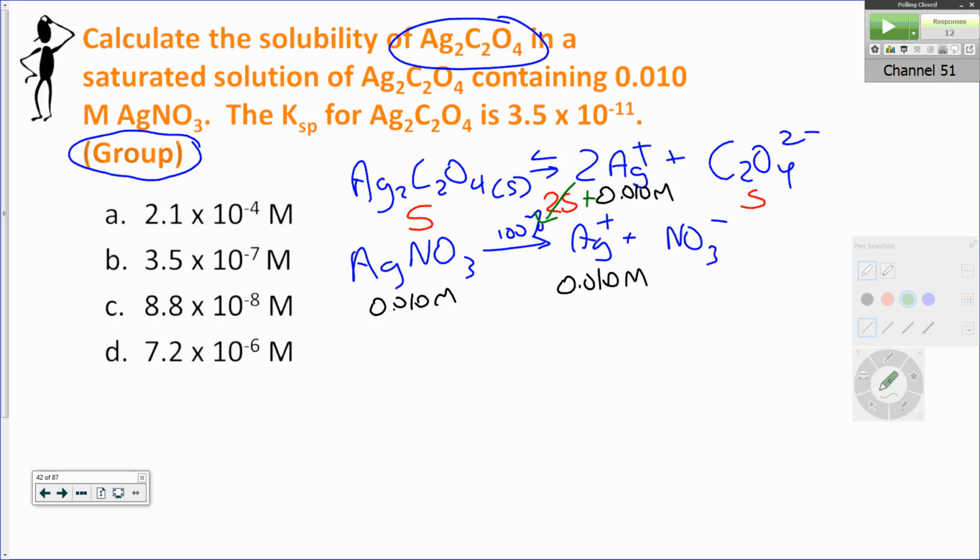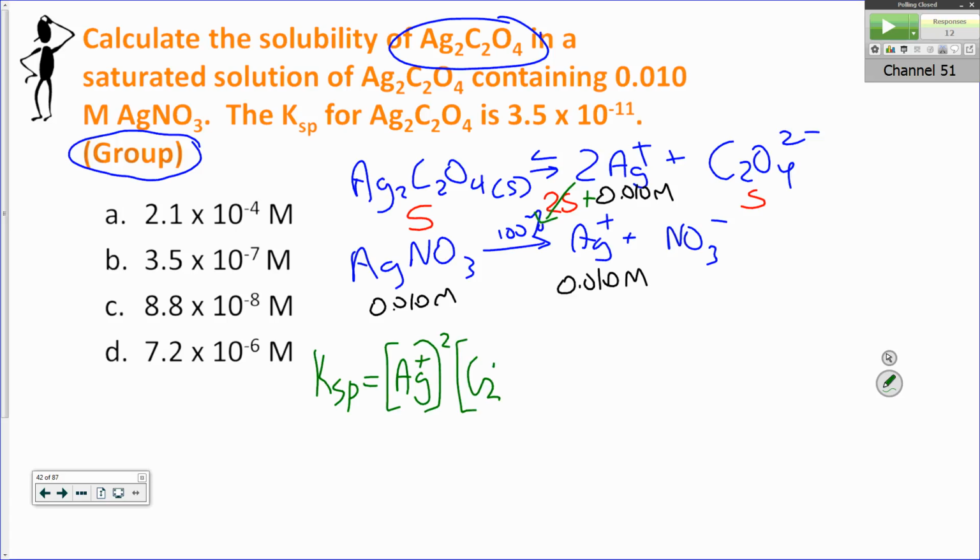Now when I write my KSP expression, KSP is equal to the concentration of the silver squared times the concentration of the oxalate ion. But I know the silver concentration is 0.01. The square doesn't go away.